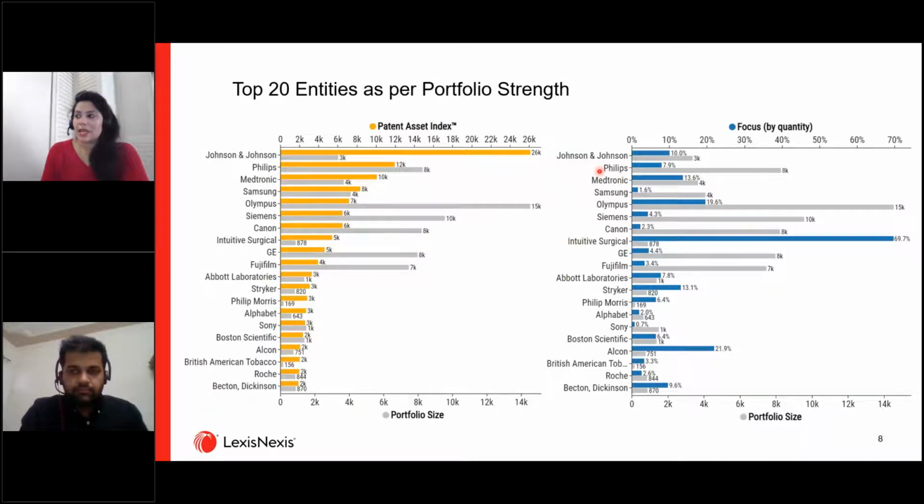With 878 patents, Intuitive Surgical, these 878 patents account for almost 70% of their patent portfolio. So Intuitive Surgical's focus by quantity into digital health is much more than that of Johnson & Johnson. Also to take into account in a field that is developing very fast in the current state.